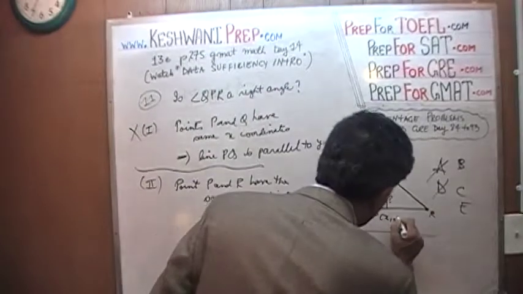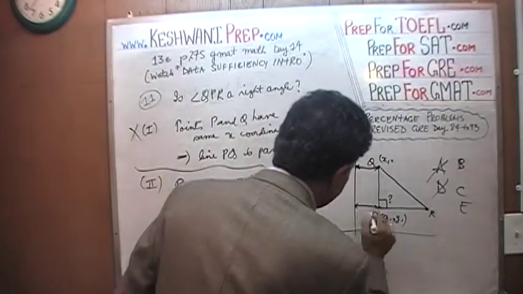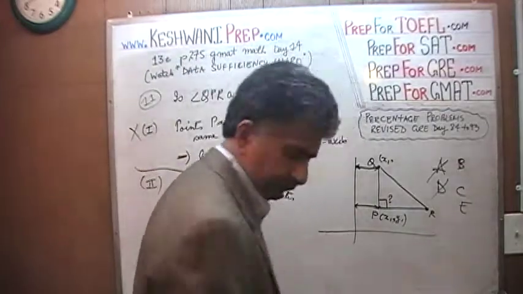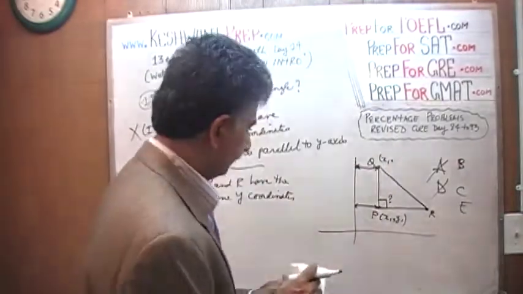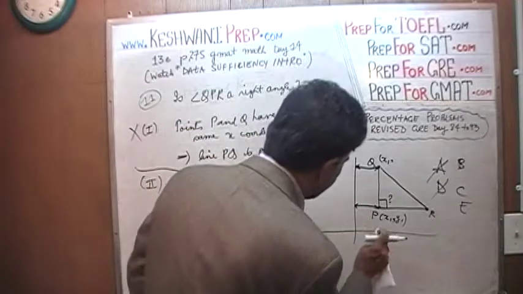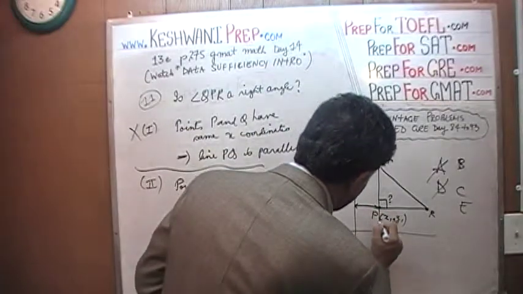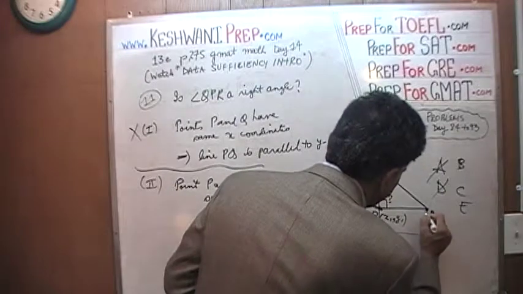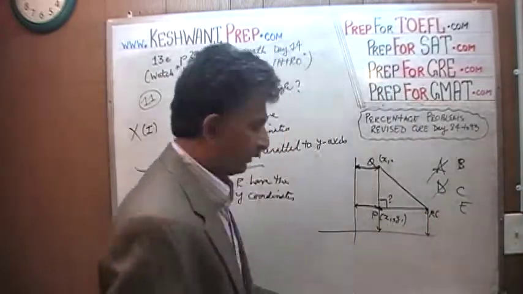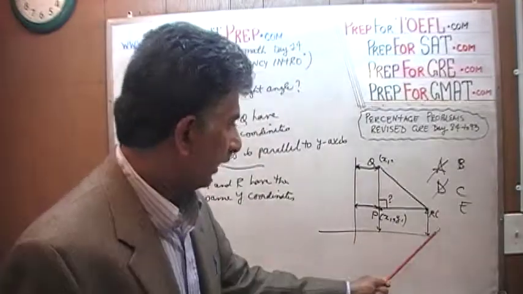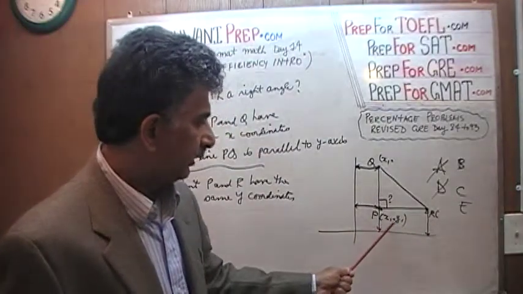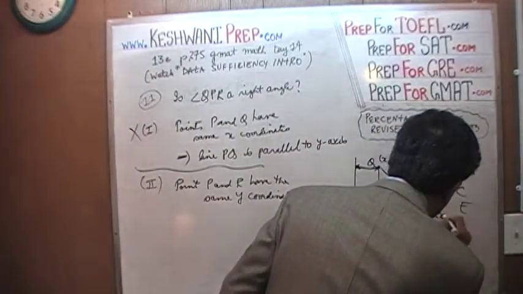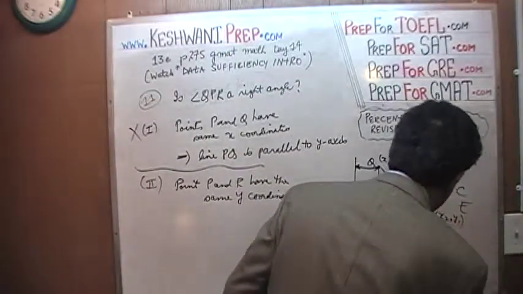Which means if this is y1, then whatever this distance is, it is the same distance from here to here. So the y coordinate of point R is the same as the y coordinate of point P. If this is y1, so is that one. So this one is some x2 coordinate, and y1.